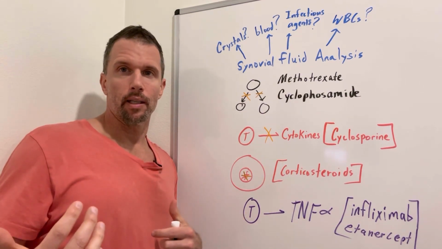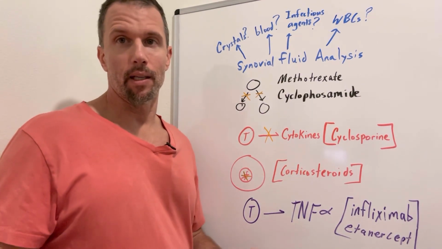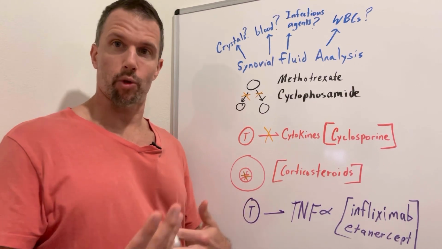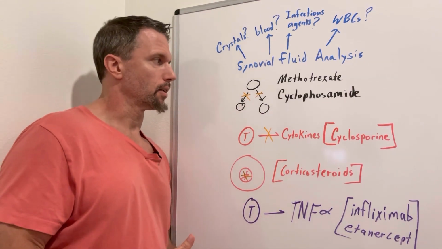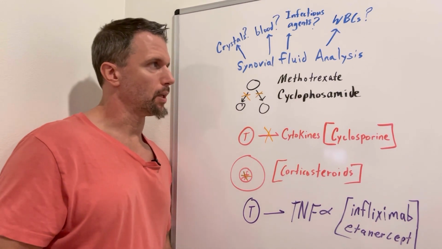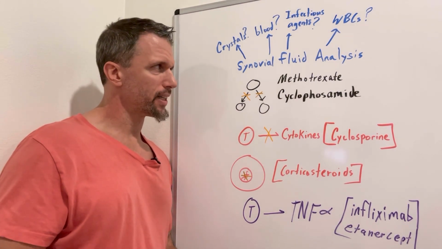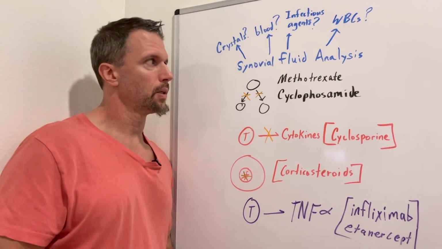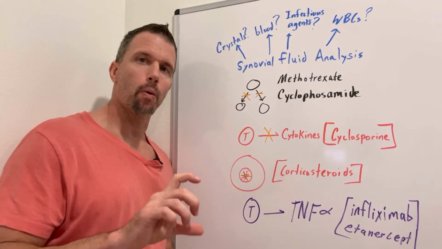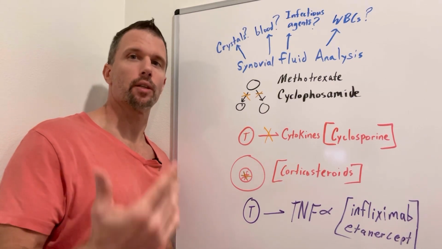Inevitably, a side effect of all this is that you are more susceptible to infections because you've knocked down this protection from our white blood cells. So methotrexate works by inhibiting two enzymes. These enzymes are important in the making of nucleotides.